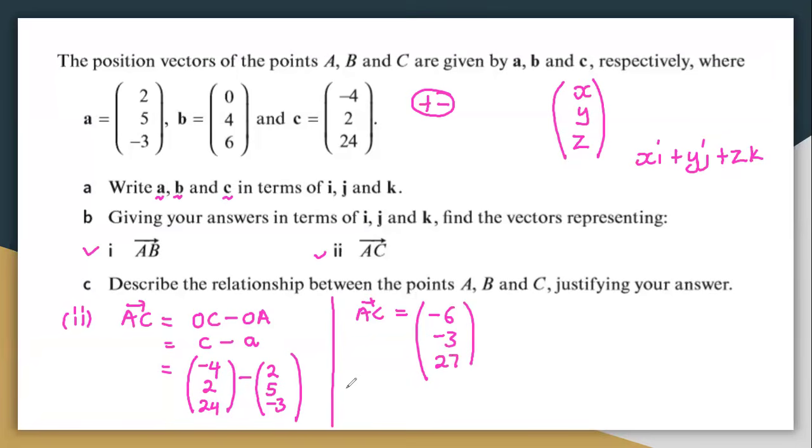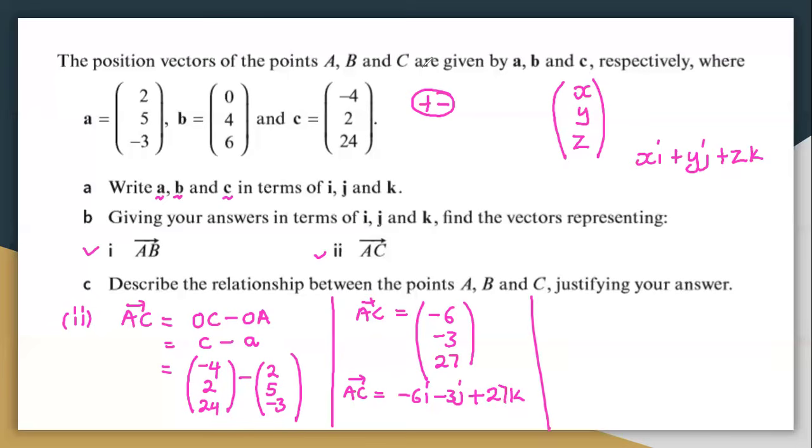Yeah, so that is the vector SC. Continue. In IJK form, it's going to be -6i minus 3j, then plus 27k. Thank you so much. That's okay.